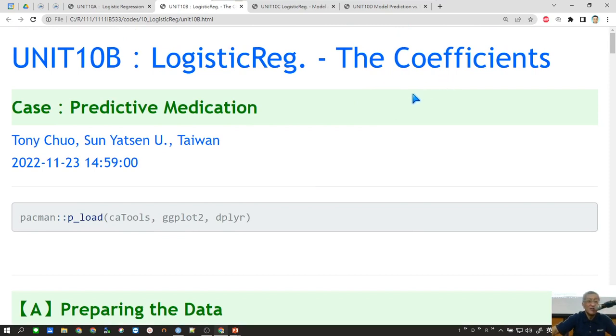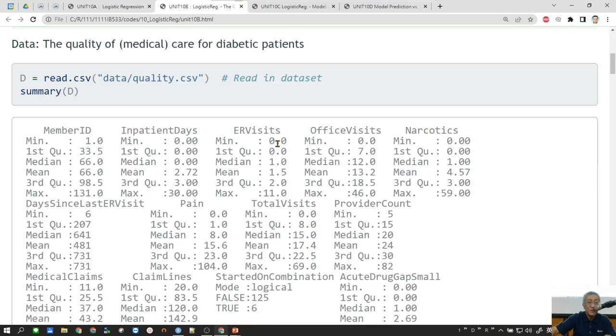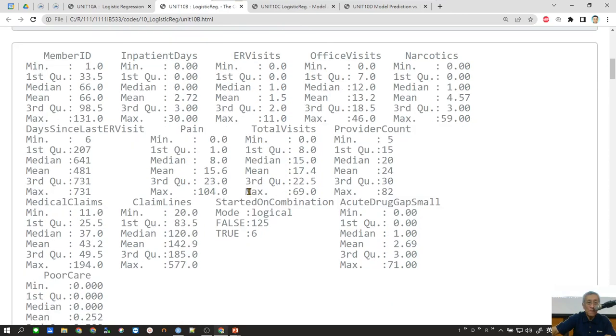That's the purpose of the second one. Again, let me read in the data.